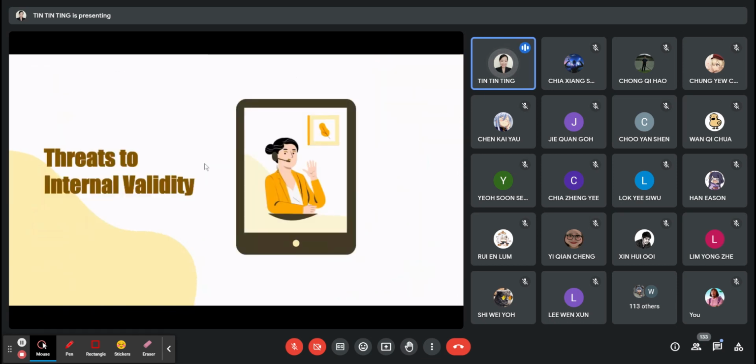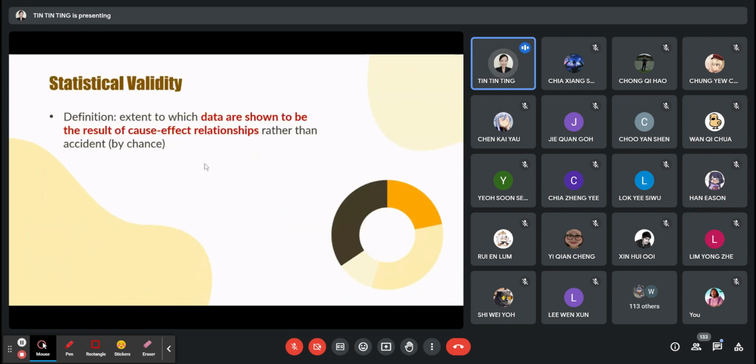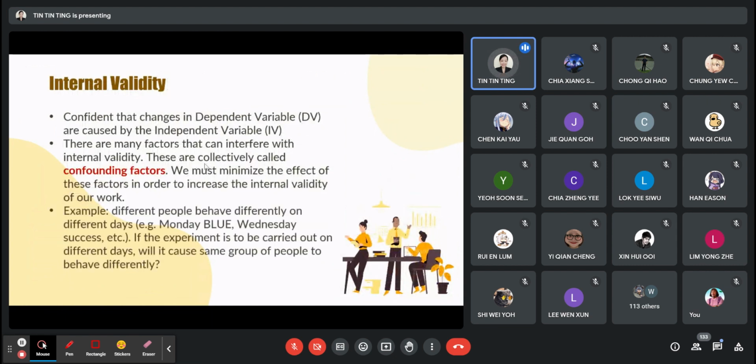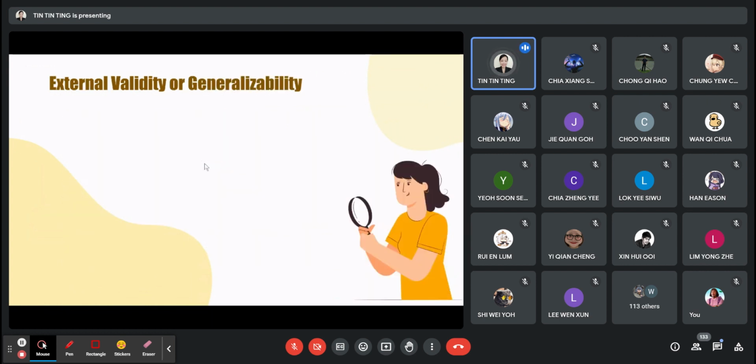So we have done the three validities of your research. Number one, internal validity. Number two, external validity. And number three, statistical validity. Internal validity is regarding your DV. Make sure you reduce the confounding factors as much as possible.